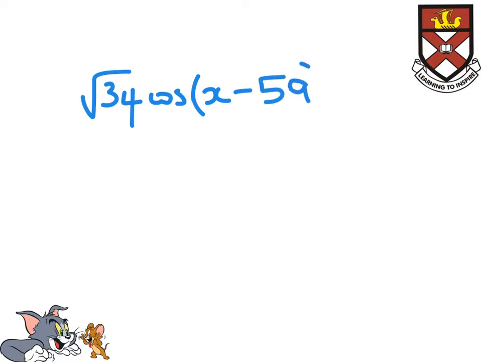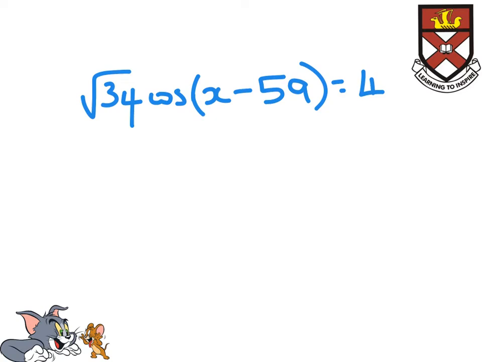Next part of the question, find the solution when it equals 4. So once you've done the first part of the question, let's just say, for example, you got it to be root 34 cos(x minus 59), and you've got to put that equal to 4.